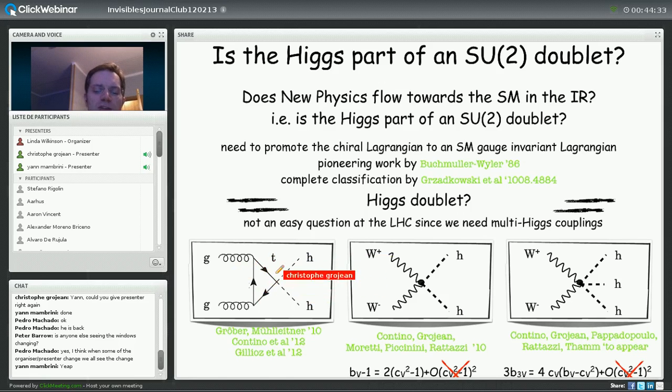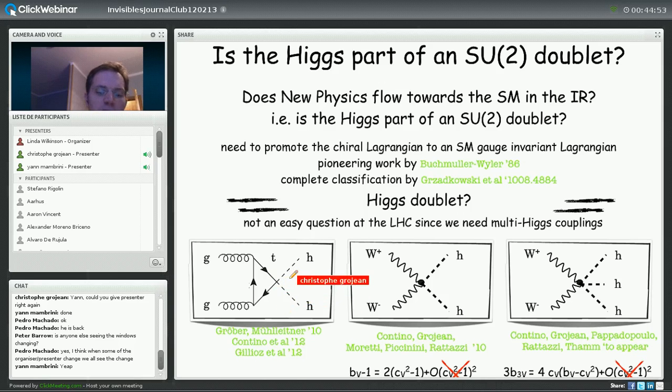While here, you have a new diagram, shown in this slide, and this new diagram actually enhances this production cross-section by 1 order of magnitude, typically. So basically, this is something that you can test again at the LHC once the luminosity is increased.